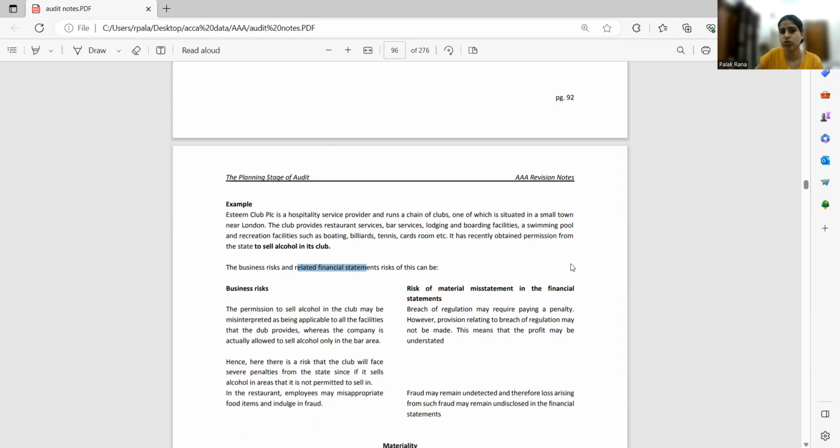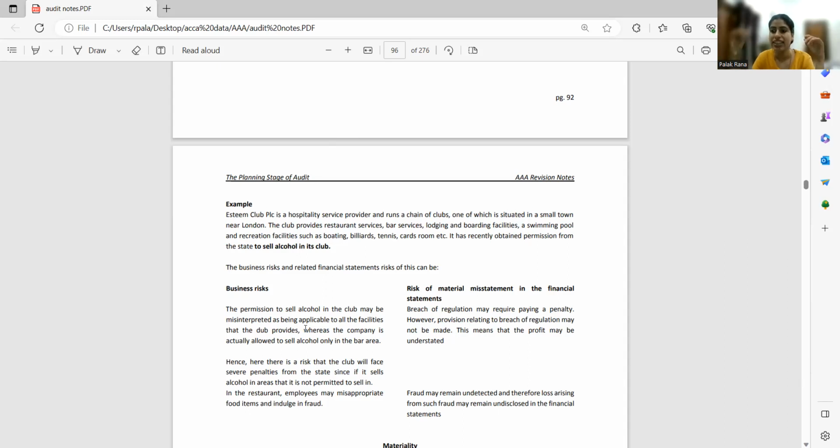Now, another area in the same question: they said that the club was permitted to sell alcohol. Some might get confused that club means the whole club, but the scenario says the permission is approved only for the bar area, because the bar area is specifically made for alcohol.